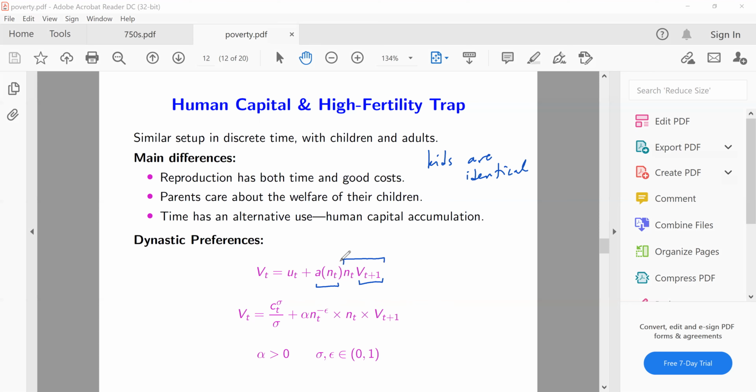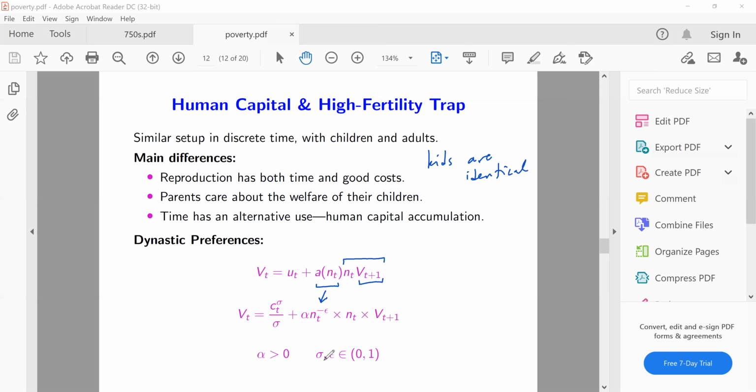This is a simplifying assumption, but also not completely unrealistic. Why? Because if you have more kids, the utility you attach to each of them plausibly decreases with the number of your kids, right? Notice that this is alpha times N_t to the minus epsilon.